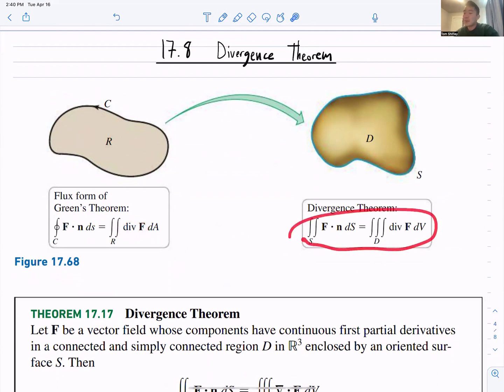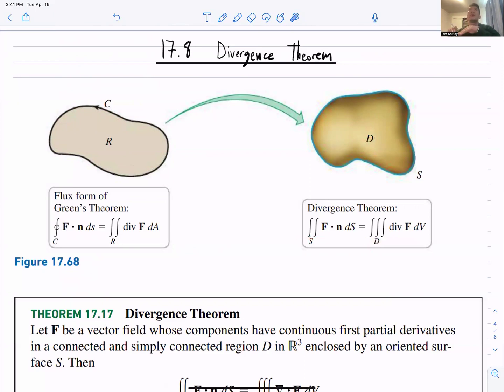It's the same thing now, but what you can kind of imagine happening is if this is like a balloon, then you're kind of pumping up the balloon. And now the boundary of your balloon actually becomes the whole surface, and the interior of that is the domain D, or the three-dimensional region. So divergence theorem is actually a higher dimensional theorem.